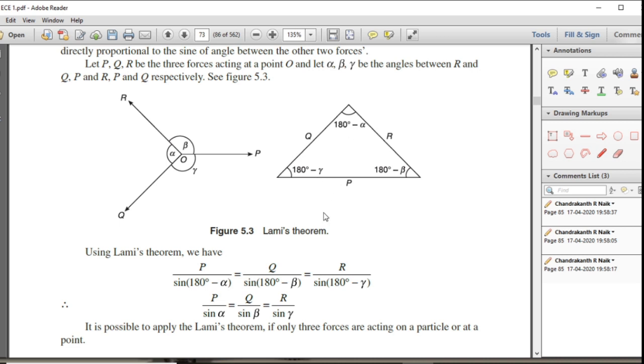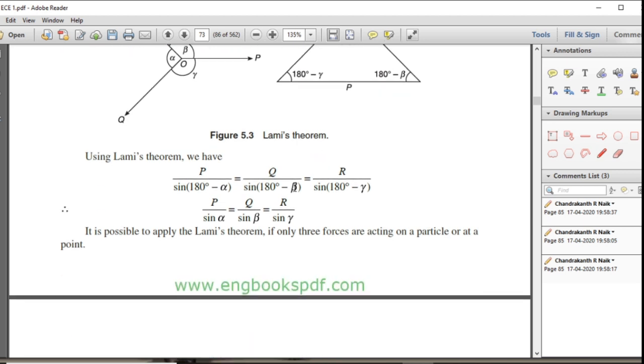So by the sine rule, P by sine of 180 degrees minus alpha, Q by sine of 180 degrees minus beta, R by sine of 180 degrees minus gamma. Sine of 180 degrees minus anything returns the sine of the angle itself. So P by sine alpha, Q by sine beta, R by sine gamma. This is Lami's theorem.